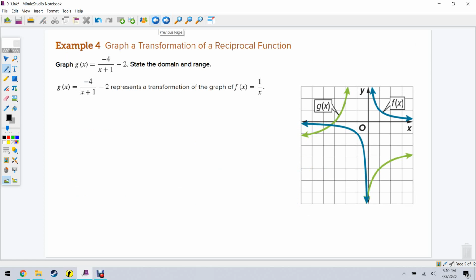Example 4. Graph a transformation of a reciprocal function. This is on page 471. Before that, as you can see, we have to define what A, H, and K are, always. A is, as you can see, -4. H is, be careful, not just 1.